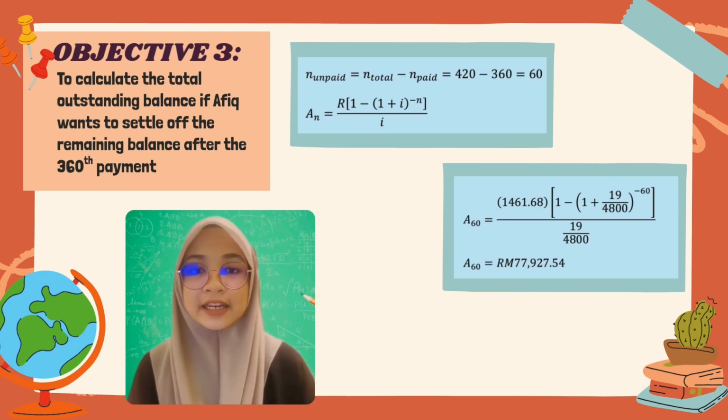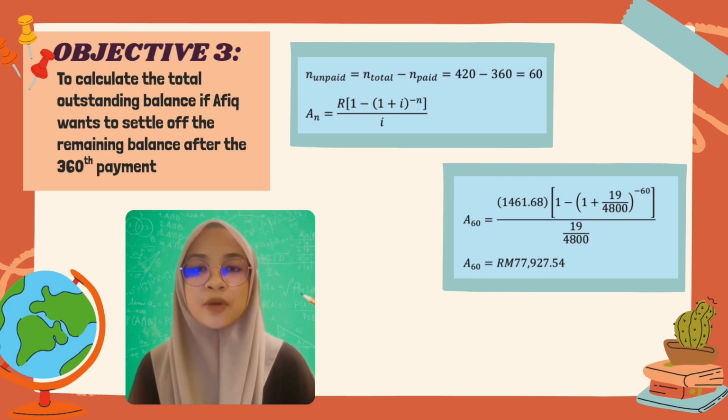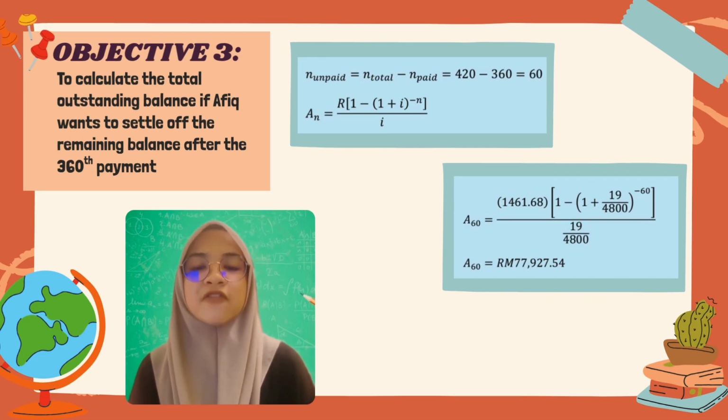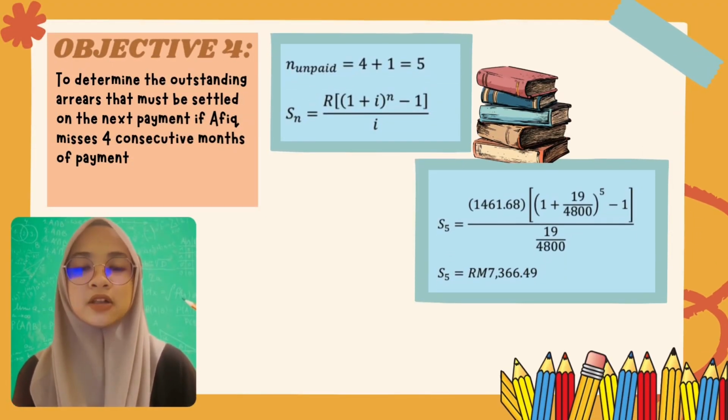The formula A_n equals R in bracket 1 minus (1 plus I) to the power of negative N, over I. For A60 equals 1,461 ringgit 68 cents in bracket 1 minus (1 plus 19 over 4,800) to the power of negative 60, over 19 over 4,800. The answer for A60 equals 77,927 ringgit 54 cents.